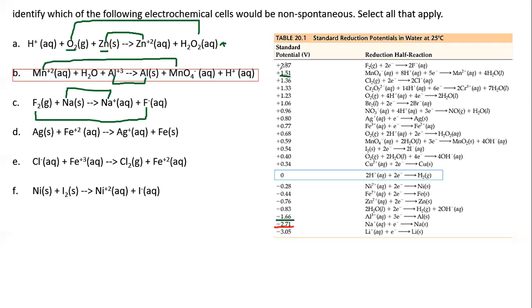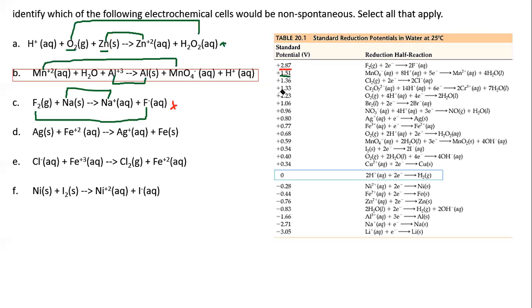Fluorine is a positive 2.87. So since the reduction potential of F2 is greater than the reduction potential of sodium plus, this reaction will be spontaneous because the stronger oxidizing agent is on the left side. So this would be a spontaneous reaction.